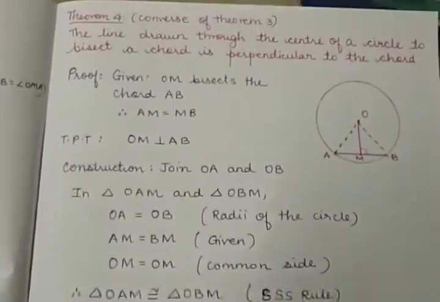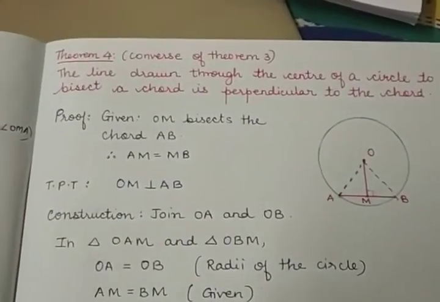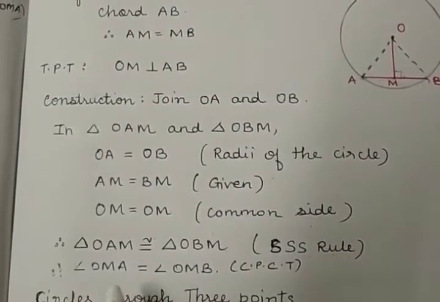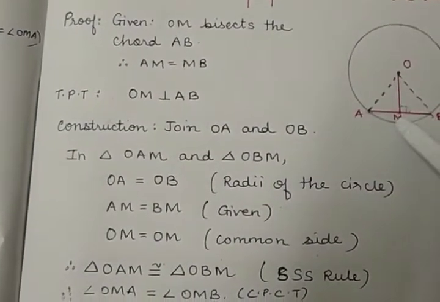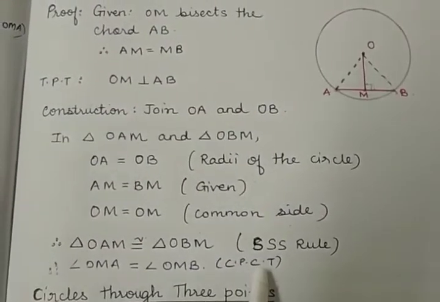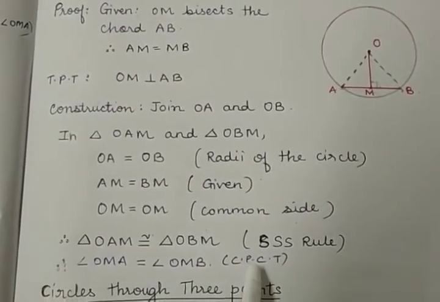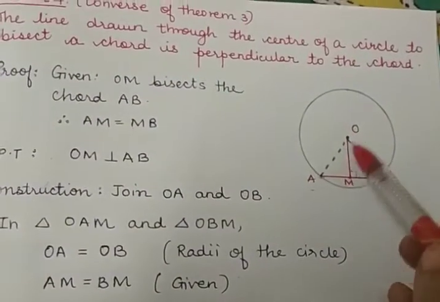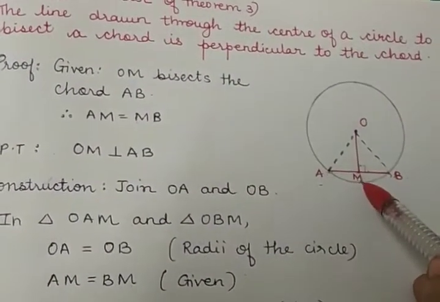So I know what I can say from this. You know that angle OMA will be equal to angle OMB because of CPCT, corresponding parts of congruent triangles. So I have got that. Next, if you see, OMA plus OMB should be 180 degrees.